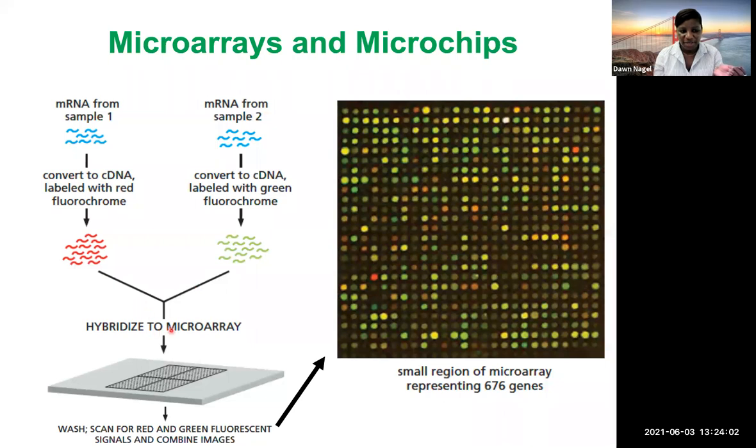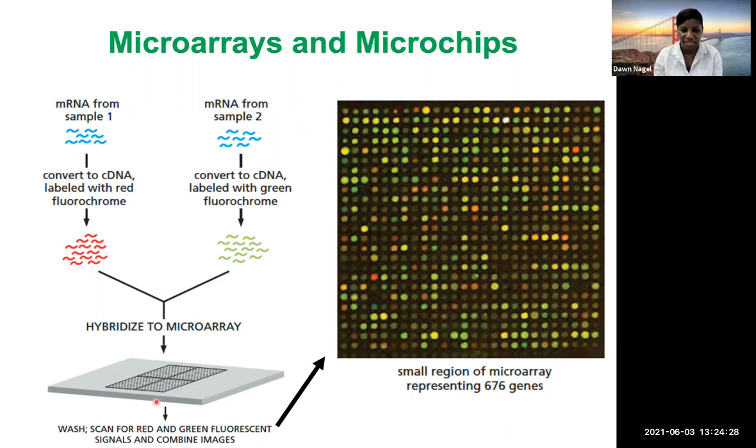And then you will hybridize that to this chip, because on this chip, you have regions of that DNA for all of that genome, okay? So if they're expressed, then the cDNA, what's missing here is that, of course, you have to denature it and have single-stranded molecules so that when you hybridize them, they become double-stranded.